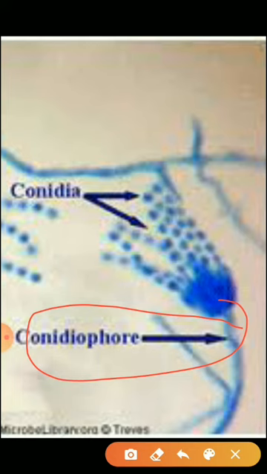These are dispersed by wind. After dispersal, conidia germinate by giving out germ tubes. These are formed in fungi like Aspergillus and Penicillium. Is it clear? Okay.